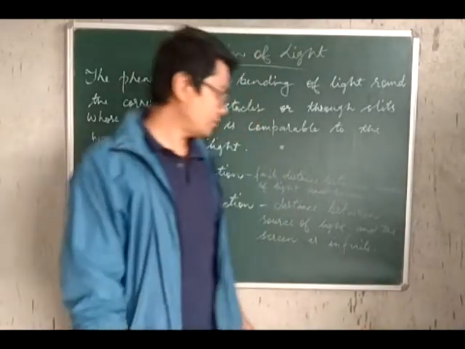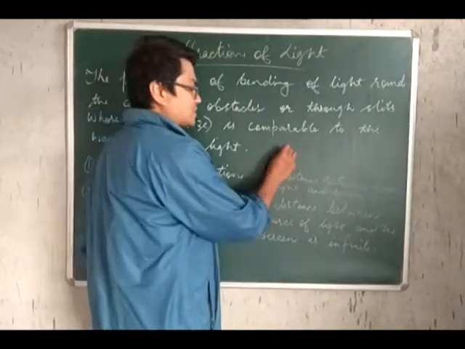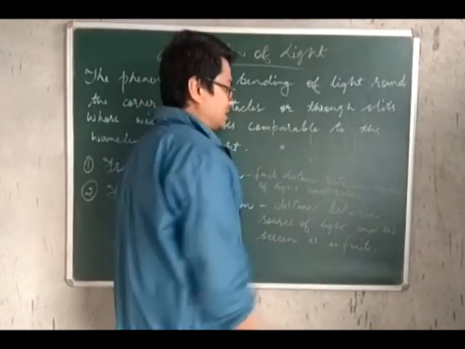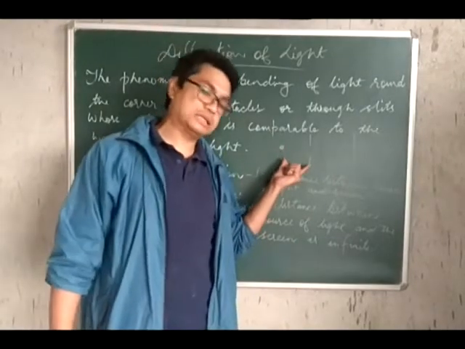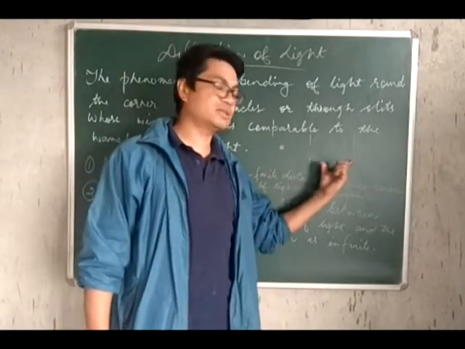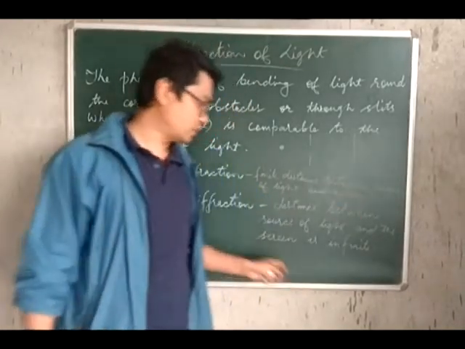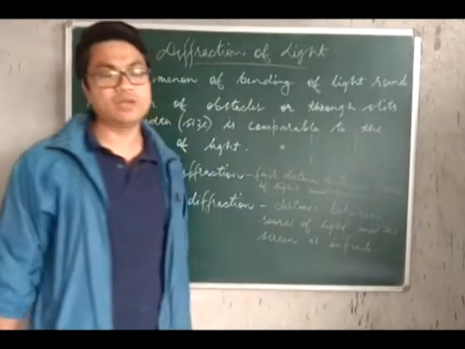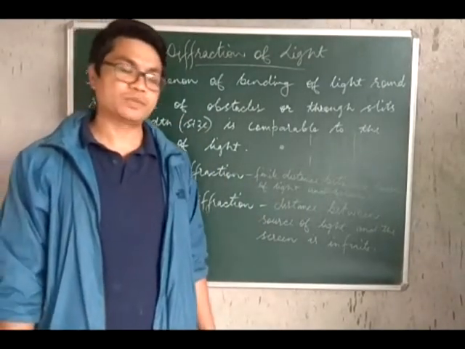Whereas in case of Fraunhofer diffraction, you have a slit also. The distance between the source of light and the slit is infinite, and the distance between the slit and the screen is also infinite. Whereas these distances are finite in case of Fresnel diffraction.